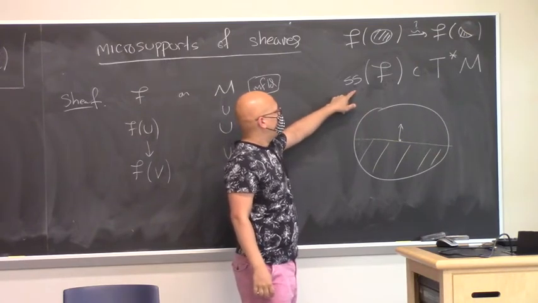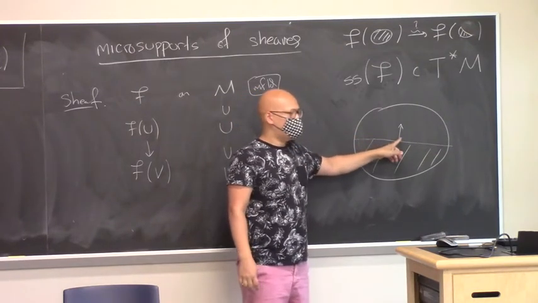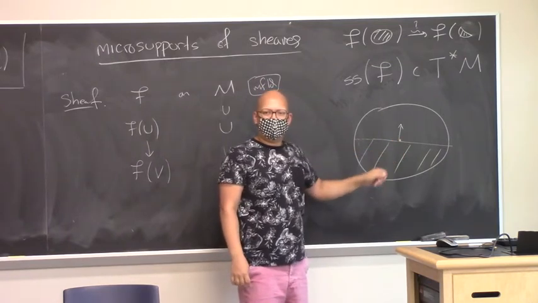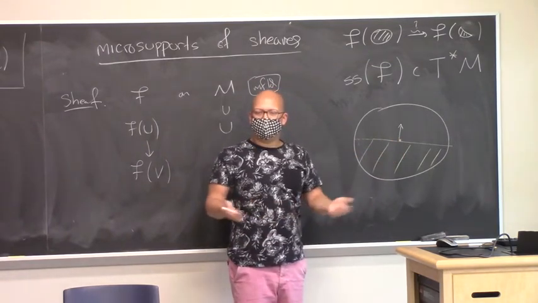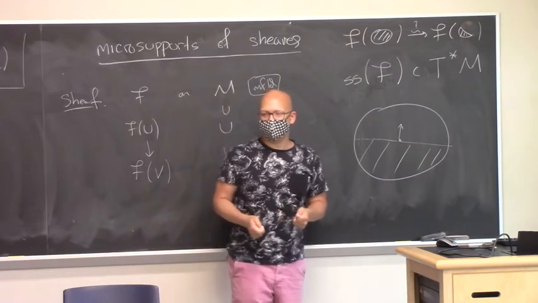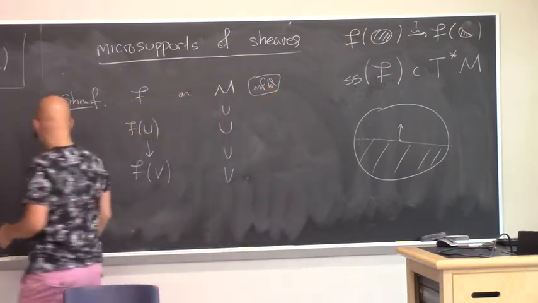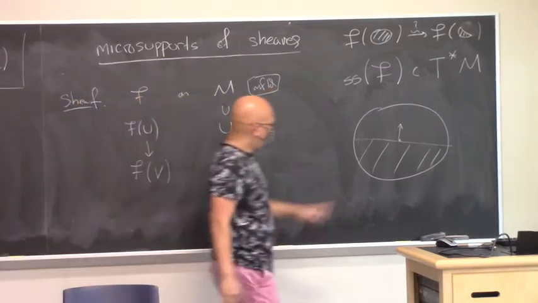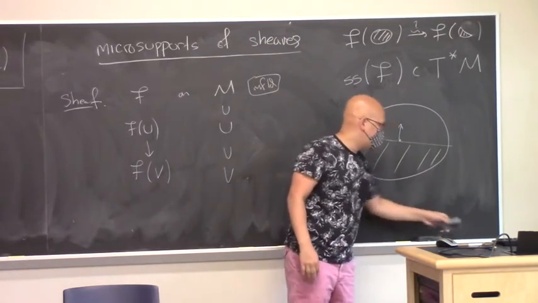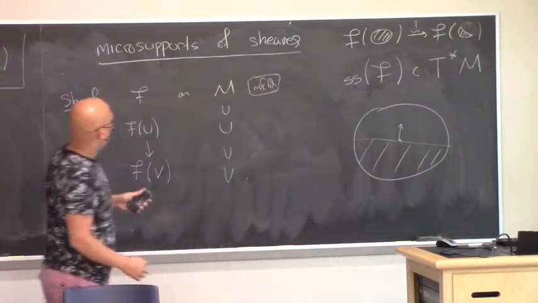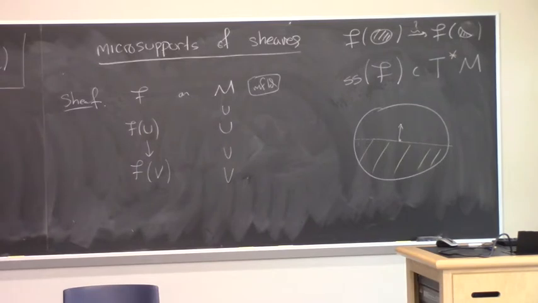This is what you do when the vector is not a zero vector. Inside the zero section, the micro-support is just the support. But usually we won't be concerned with things in the zero section. Okay, so that's the definition of the micro-support.